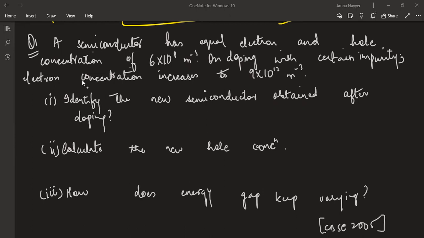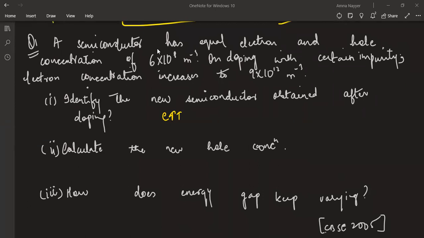Okay, so only Atif has answered and all the parts are correct. Good, Atif. Very good. See, electron concentration is increasing. Number of electrons is more in which type of semiconductor, class? Where are the electrons majority charge carriers?